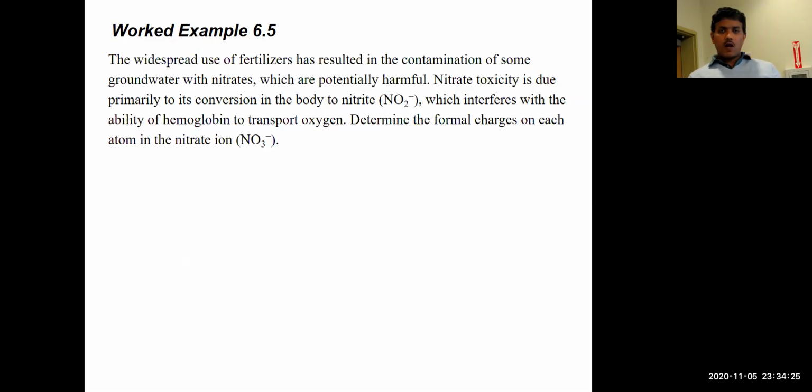So the problem here is saying that the widespread use of fertilizers has resulted in contamination of some of the groundwater with nitrates.